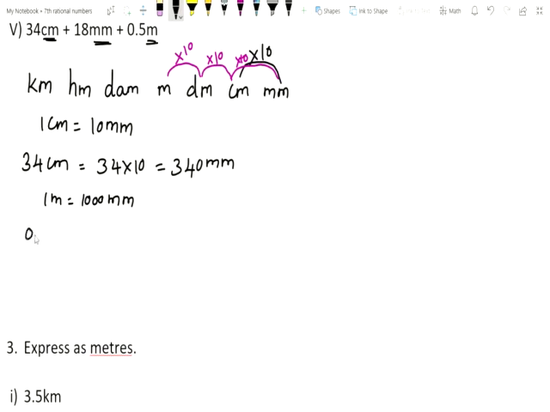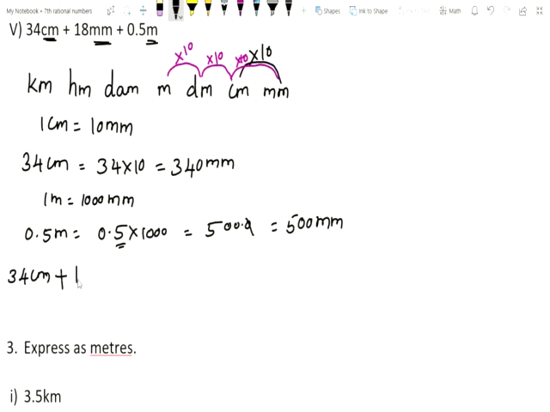So 0.5 meter equal to 0.5 into 1000. 5000. Here one decimal is there, just keep it here. Cancel. So 500 millimeter.